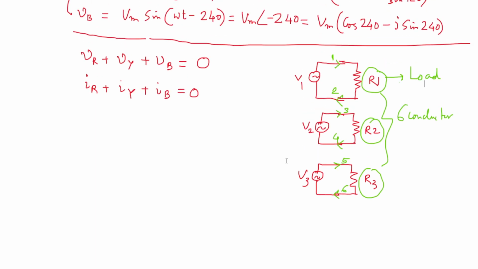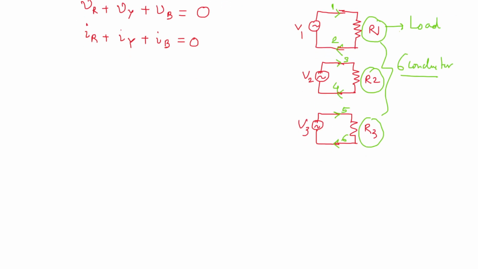So in order to give supply to the three loads from three individual sources, 6 conductors are required. That is very important. It is quite obvious: if you have three loads and three separate single phase sources, you require 6 conductors.